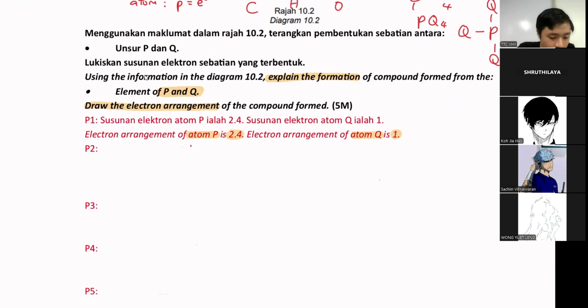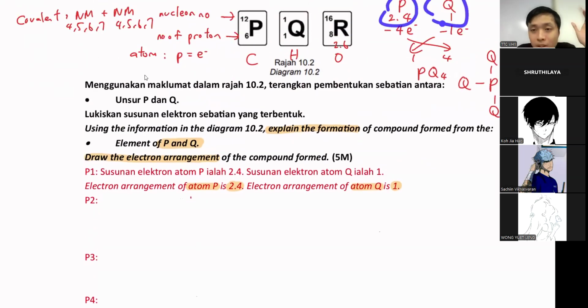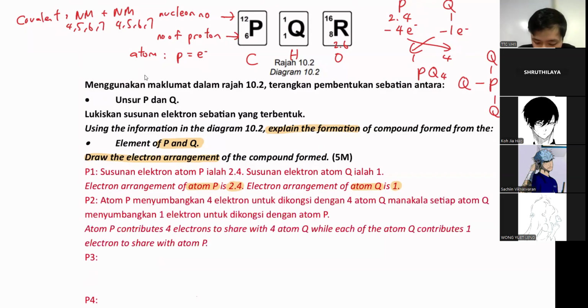Then number two, we talk about each of them, P and Q, contributing how many electrons to share. You can say atom P contributes 4 electrons, and each atom Q contributes 1 electron.